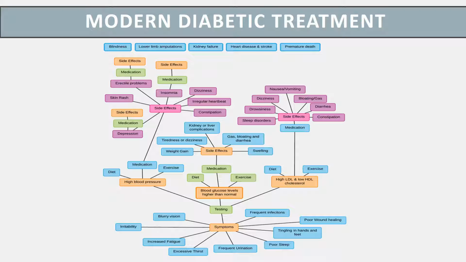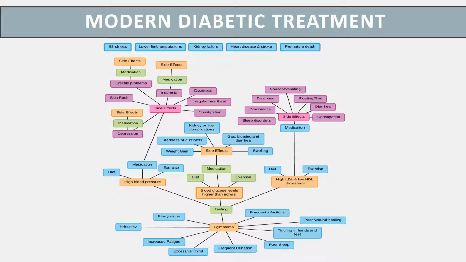If your blood pressure comes back high, they will talk to you about diet and medication and exercise. If your blood glucose levels are higher than normal, they will also talk to you about diet, medication, and exercise. And then the final part, if your blood levels are high for your LDLs and low for your HDLs, they will also begin to talk to you about diet, medication, and exercise.